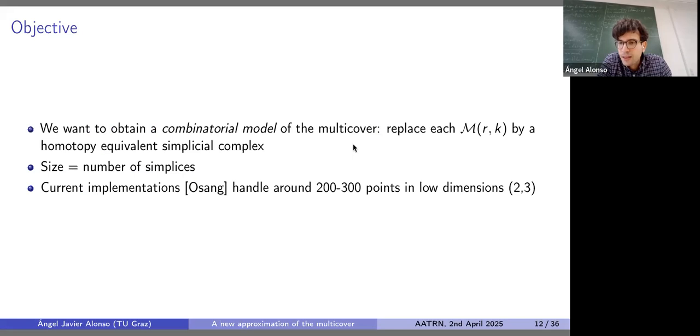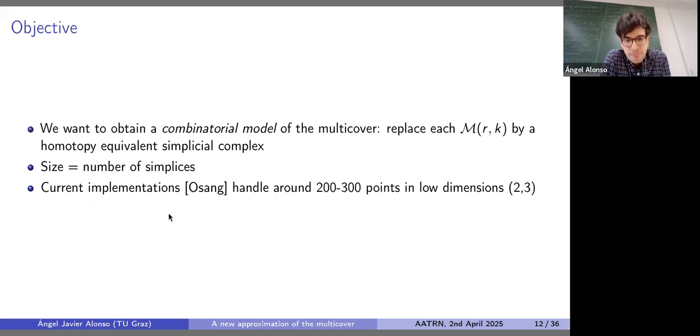By this, I mean replacing its topological space by a homotopy equivalent simplicial complex, with some other technical conditions. And of course, we want this combinatorial model to be as small as possible, where size just refers to the number of simplices that we have. This is, of course, with the objective of trying to compute it in practice.